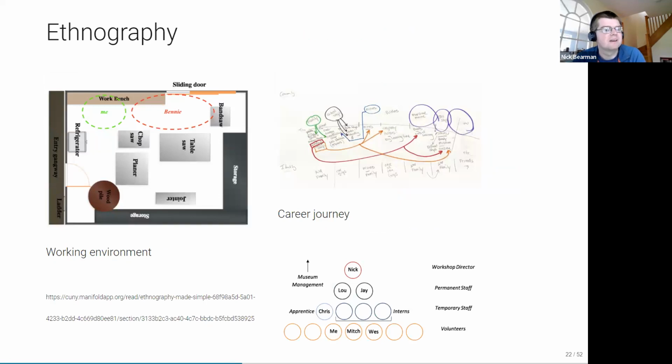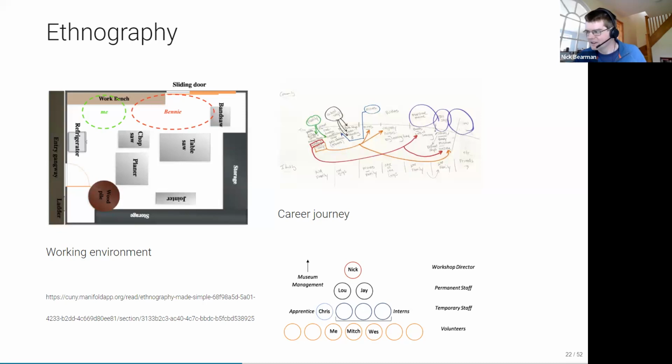We can also apply it in ethnography. So I found this interesting example. It makes us think a bit about how we can do this differently. So here, this is someone who is talking a bit about their working environment. So we've got some examples of where they're based, what tools they might use, who else is in the area.